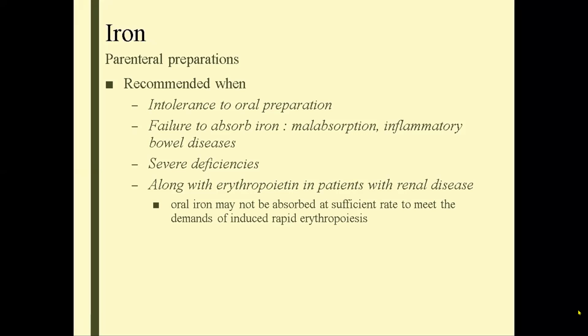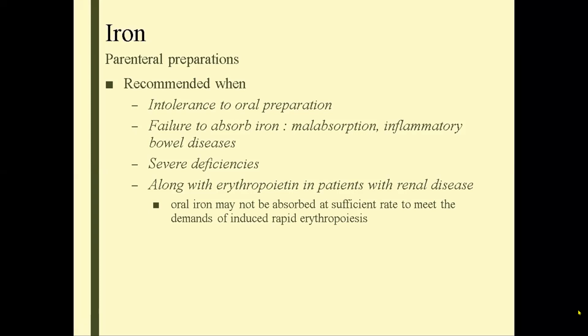So the absorption may not meet the demands of the induced rapid erythropoiesis, right? Because absorption takes time, and in that process it will unmask the iron deficiency. You know, the machine is working fast, but you are giving your raw materials at a slow rate, isn't it? So it will unmask the iron deficiency with oral iron preparation, right?